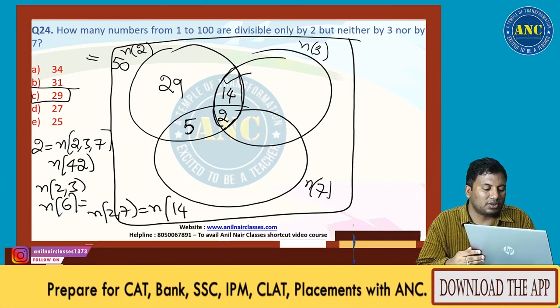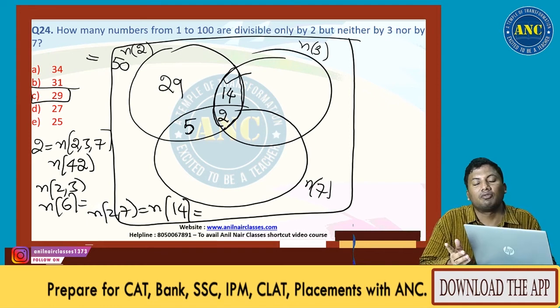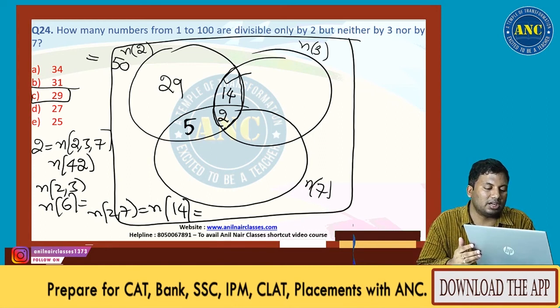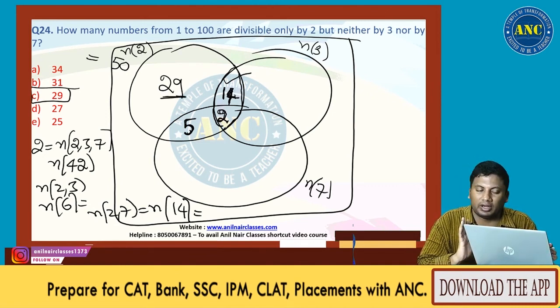How many multiples of 14 are there till 100? 14 6s are 84, 14 7s are 98. 7, 2 is there, so remaining it is 5. So these 5, these 14. 14 plus 5 is 19, 19 plus 2 is 21, total it is 50, remaining is 29. I hope it is clear, the idea is clear.